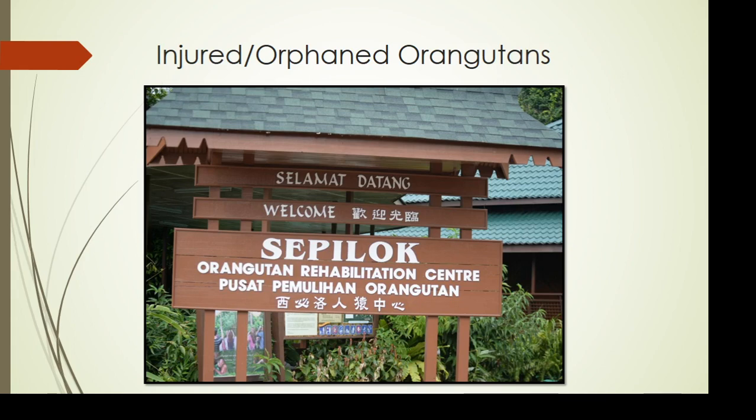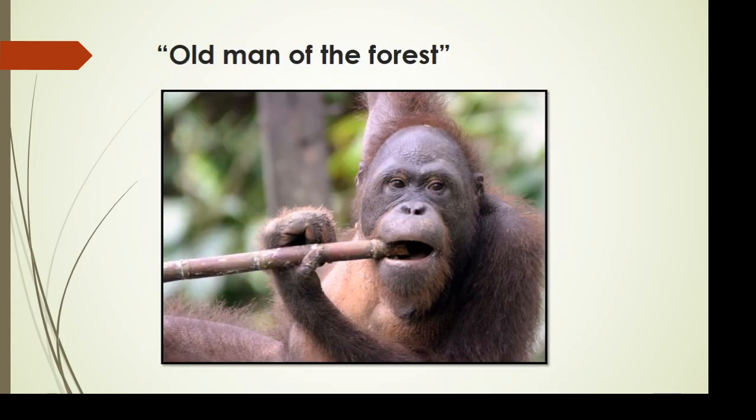These are for either injured or orphaned orangutans, and they're in a semi-wild kind of situation. There's no fence around this, but these animals don't really want to go anywhere because they're getting fed here. He's eating sugarcane, for example, right here. So although he was born in the wild and literally can go wherever he wants, he's just a bit more on the tame side for me.